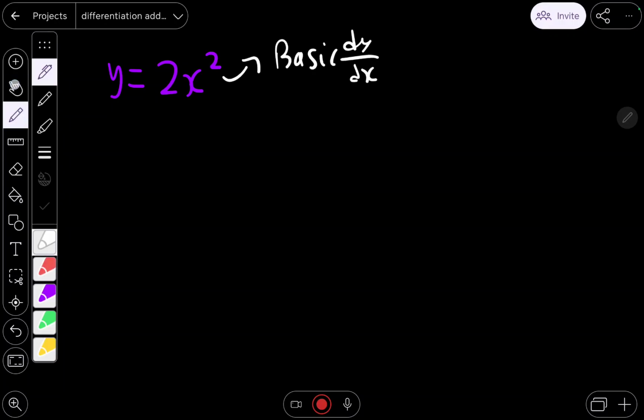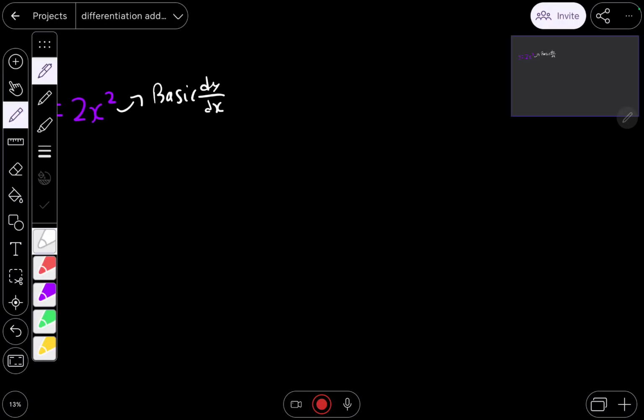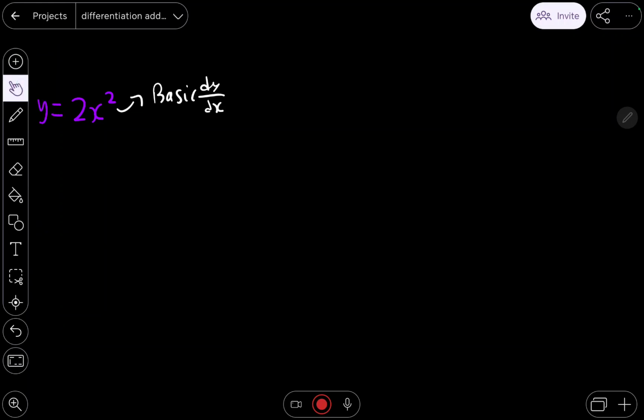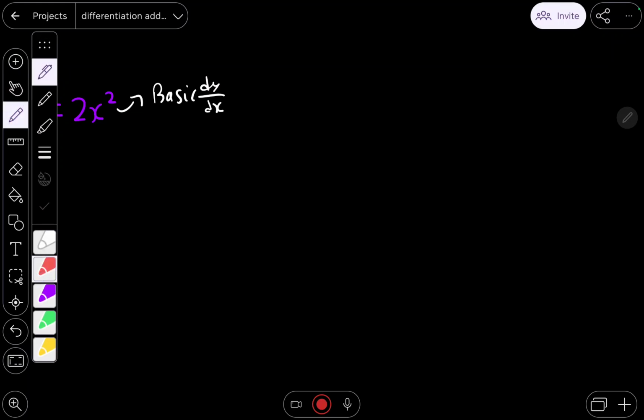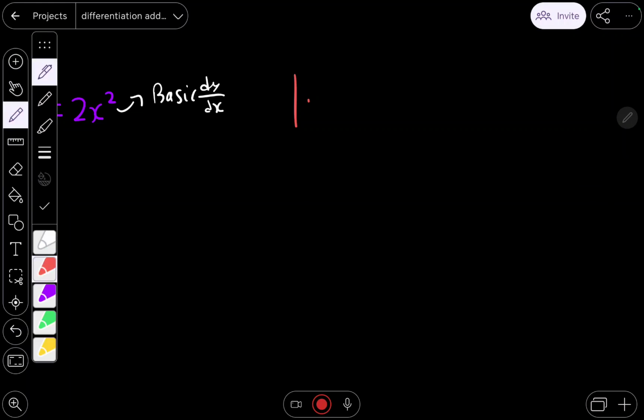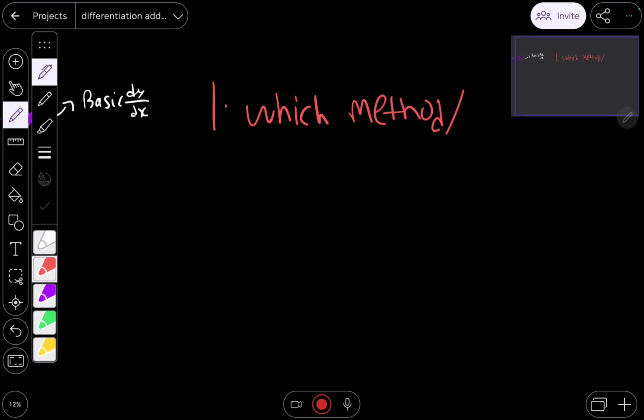Alright, so to solve differentiation questions, there are 2 strategies. For trigo differentiation, I have already shared some strategies, and I'm going to elaborate more on the nice way to differentiate. So the first strategy when we are trying to solve a differentiation question is: which method or which rule do we use to solve it?